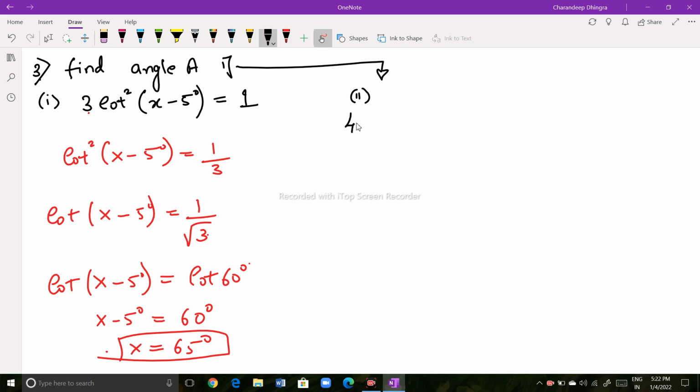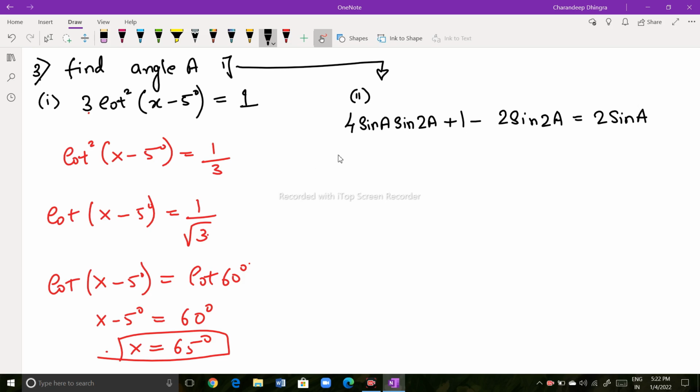Let's say we have 4 sine A sine 2A plus 1 minus 2 sine 2A is equal to 2 sine A, and we need to find the angle A. So we'll try to take everything on one side and take something common so we can factorize this.